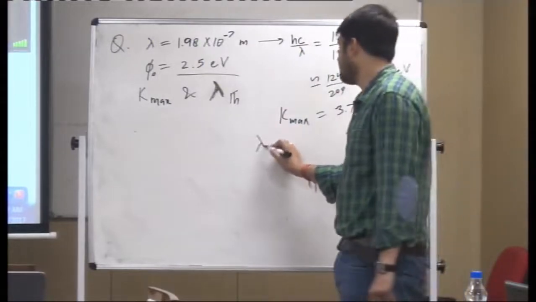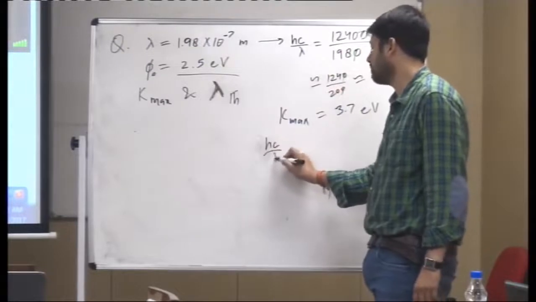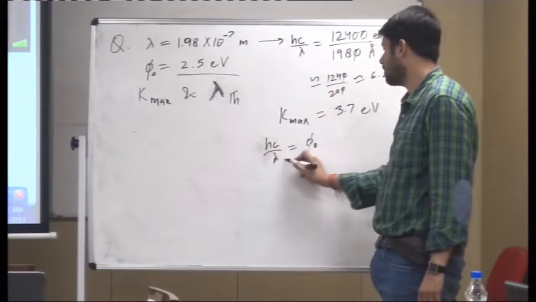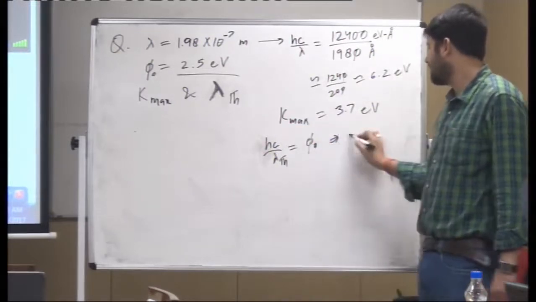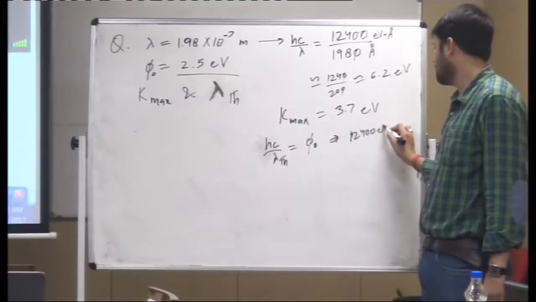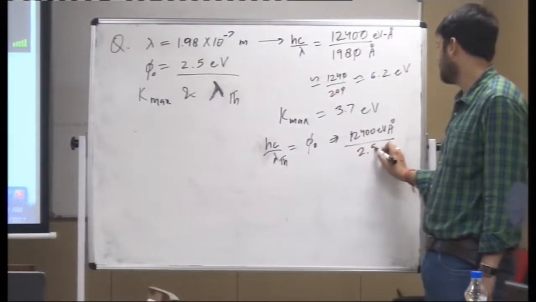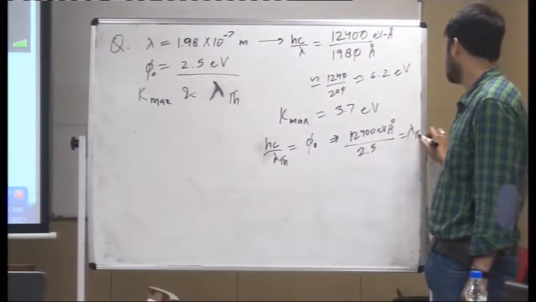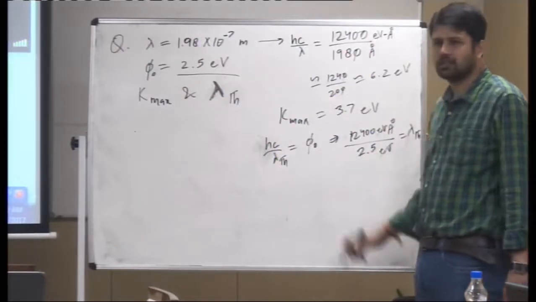While to find lambda threshold, you know hc by lambda is phi naught. For threshold, this is this. So hc is 12400 eV angstrom upon 2.5, this is lambda threshold. eV cancels, this is in angstrom.